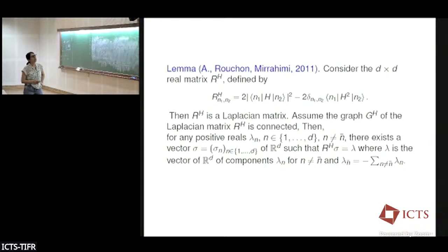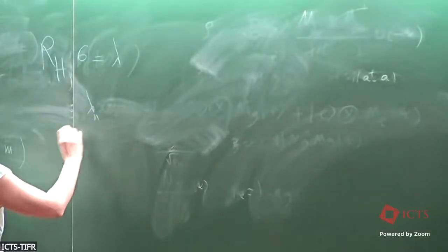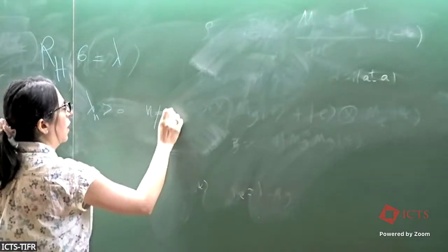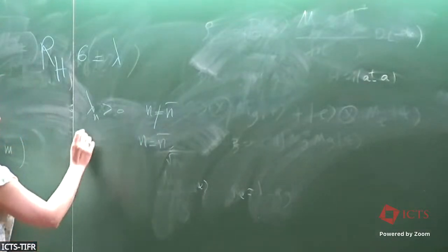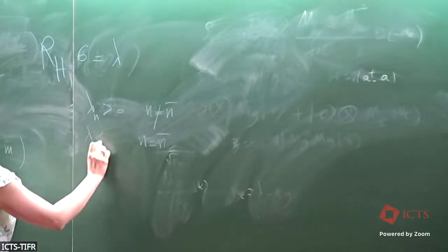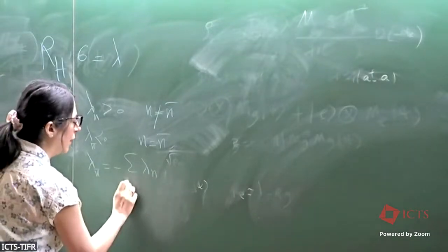Now we say that if you look at RH sigma equal to lambda, and suppose that lambda is a vector, you fix lambda n positive for any n other than the target, and for n equal to n bar you suppose that lambda n bar is negative, and is given by minus the sum of lambda n for any n different from n bar.